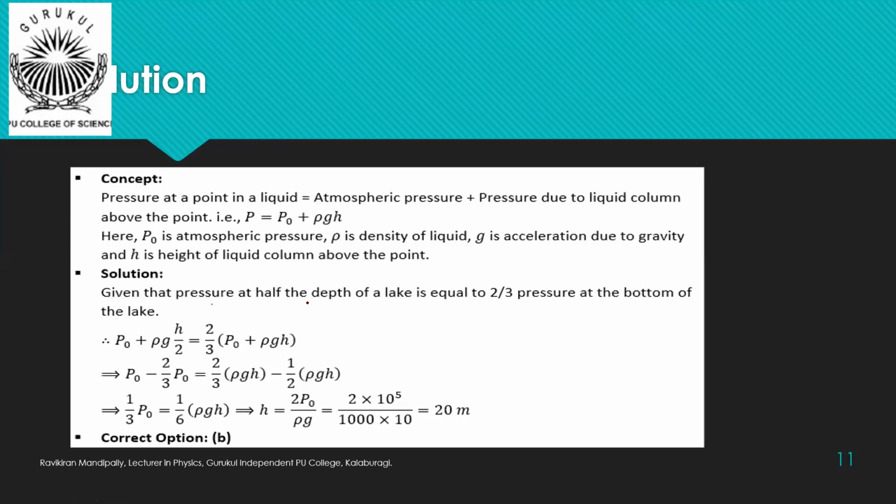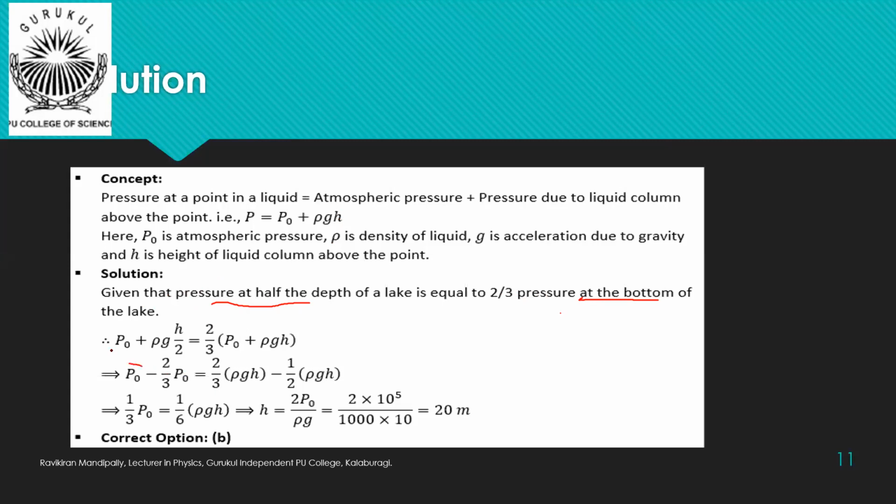So first of all, pressure at half depth means in place of h we will write h by 2, and pressure at the bottom of the lake means h will be equal to h. That is why in the solution, if you see, we are writing the given relation first. Pressure at half of the depth is equal to 2/3 of the pressure at the bottom of the lake.